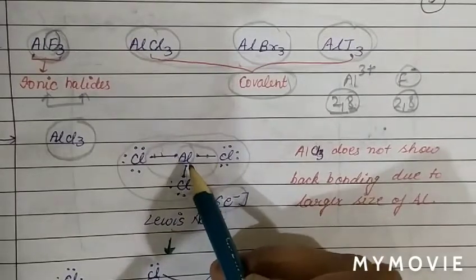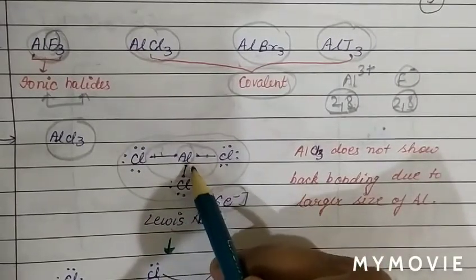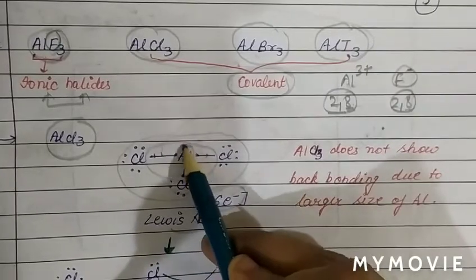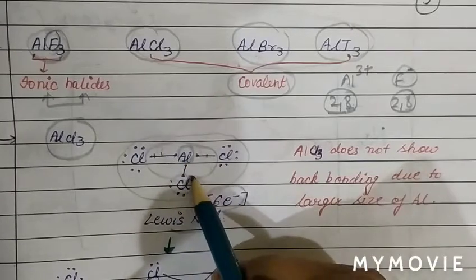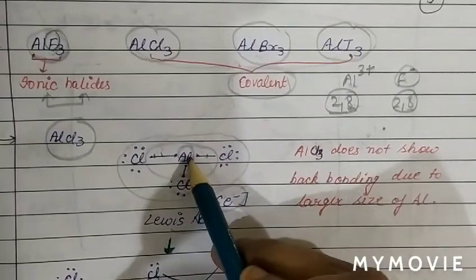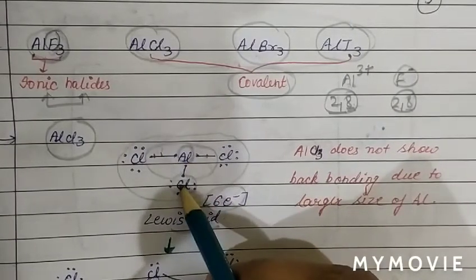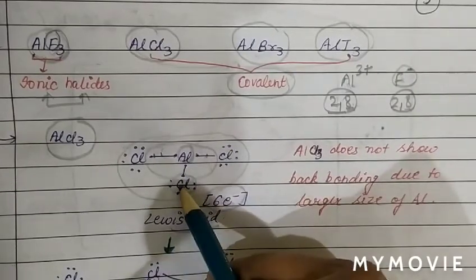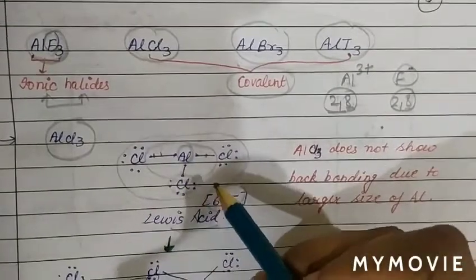Why? Because to form back bonding, the important condition is that there is effective overlapping between the central atom and the surrounding atom, which is only possible when the sizes of the central atom and surrounding atom are similar, and there is effective overlapping when the energy is also similar.